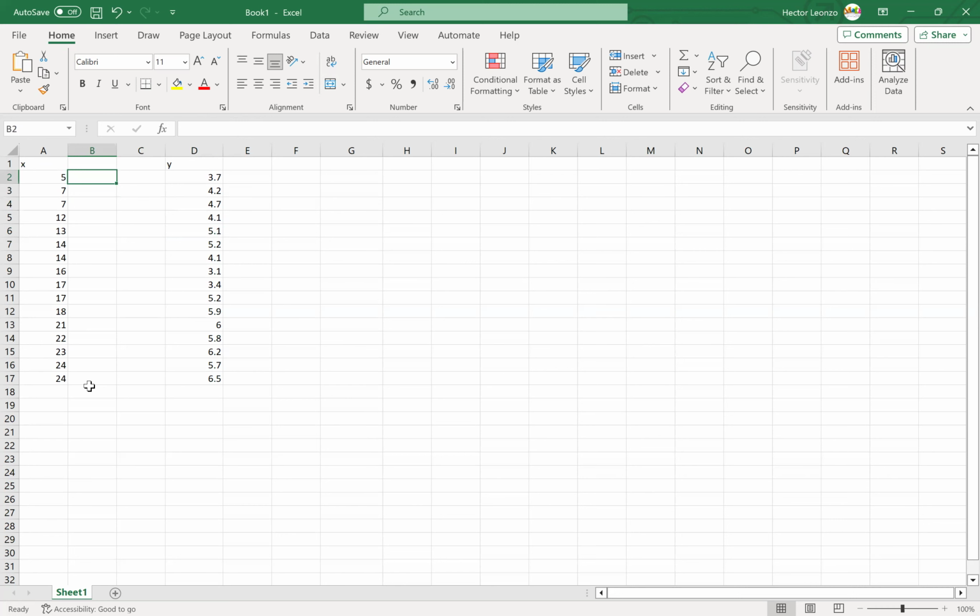There are 16 numbers. 1 is the smallest number and 16 is the biggest number. The smallest number is 5, so that's 1. And then 7, 7. Instead of calling one of them 2 and the other 3, I'm going to do the average. The average of 2 and 3 happens to be 2.5.